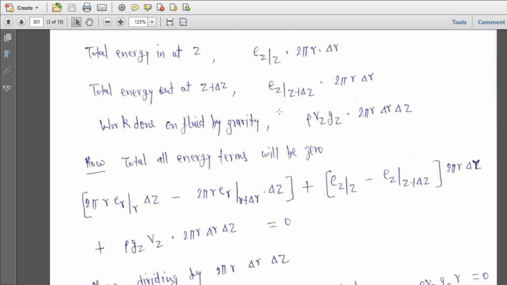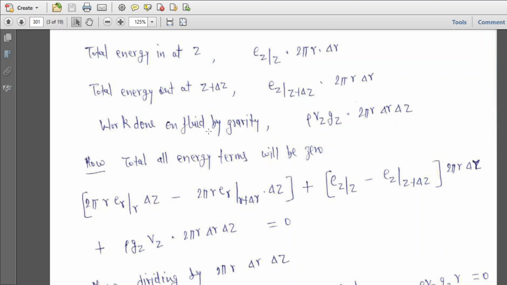Now total energy in at z is E_z times 2 pi r delta r. So this is energy in, the flux multiplied by the area. Energy out, again the flux times area: the flux at z plus delta z, multiplied by 2 pi r delta r.